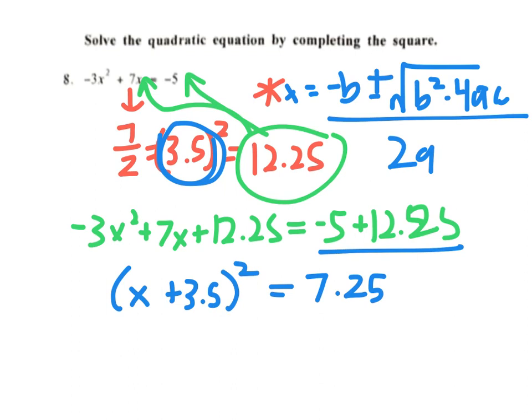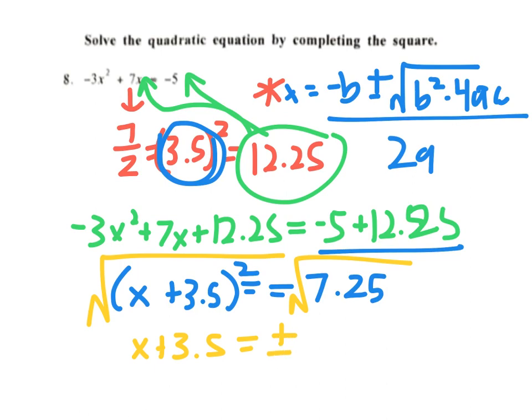So the first thing I need to do is get rid of this squared. So I'm going to start by square rooting both sides. When I do that, I'll have x plus 3.5 equals plus and minus the square root of 7.25, which is 2.69.